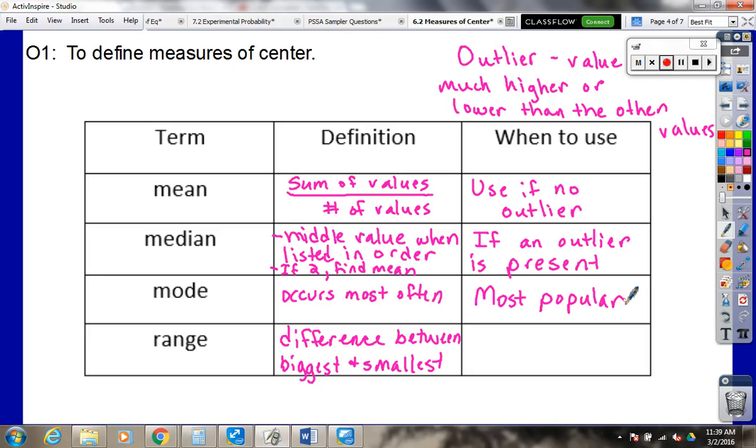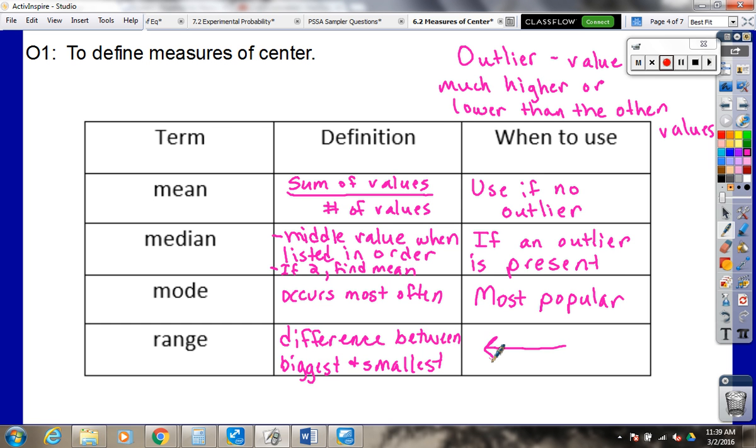Say we want to find out what flavor ice cream most people like. So we have words instead of numbers, like chocolate, vanilla, strawberry, chocolate, vanilla. The mode would be the flavor that appears most often, so it doesn't have to be a number. And the range is used when we want to know the variability, how much the data varies.